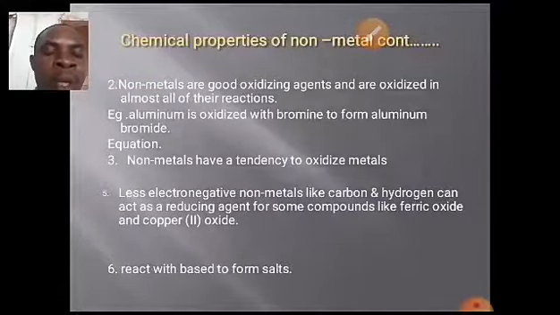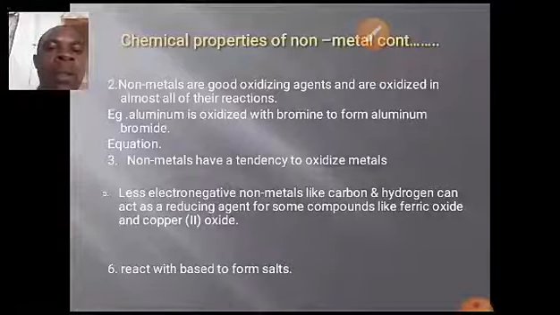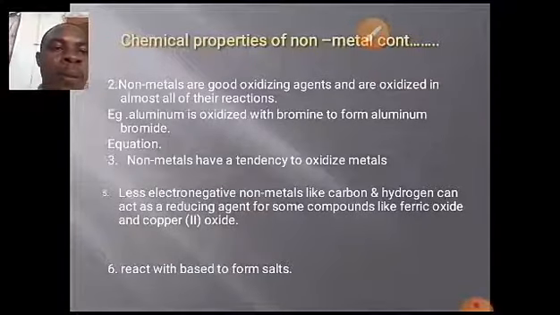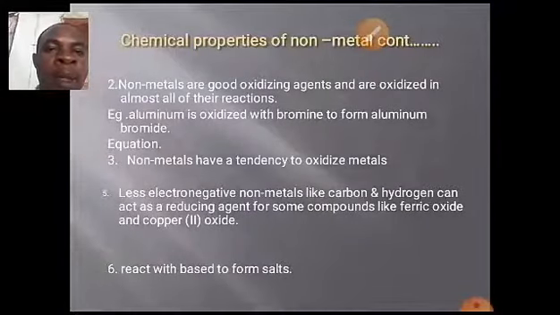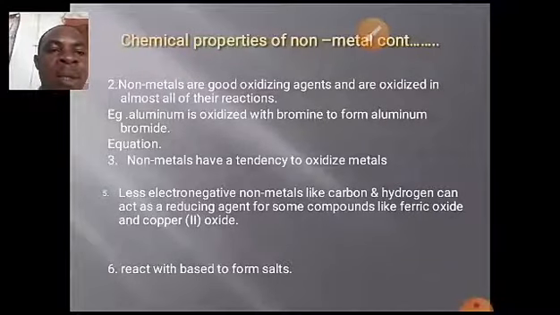It will take oxygen from copper, and the product formed will be copper plus what? Carbon dioxide. So it reduces. It acts as a reducing agent, removing oxygen from ferric oxide and copper oxide. But this is done by less electronegative non-metals like carbon and hydrogen when they react with compounds like ferric oxide and copper oxide.